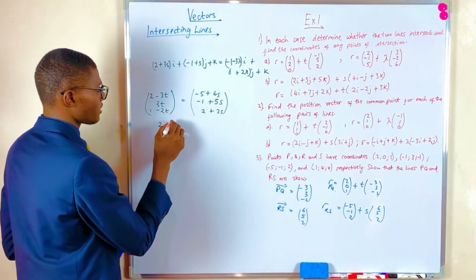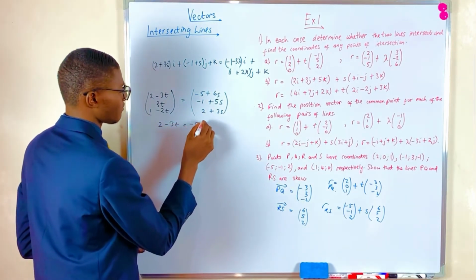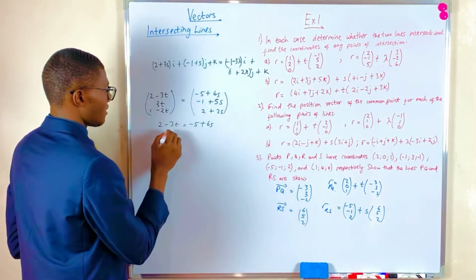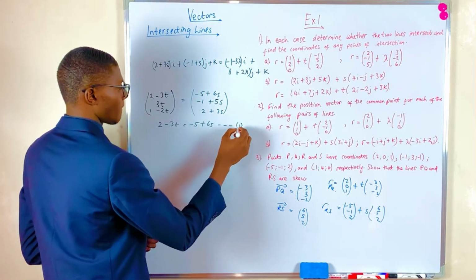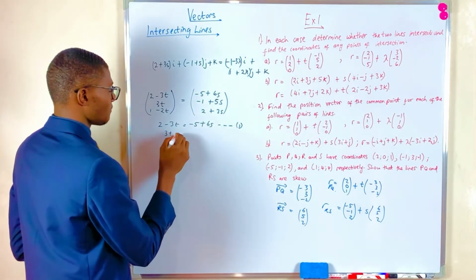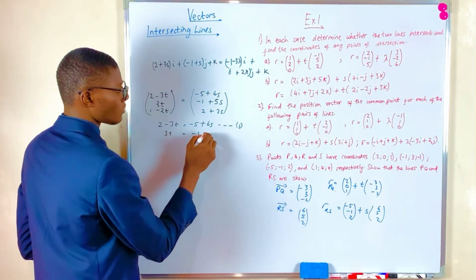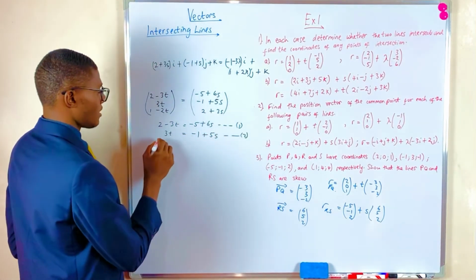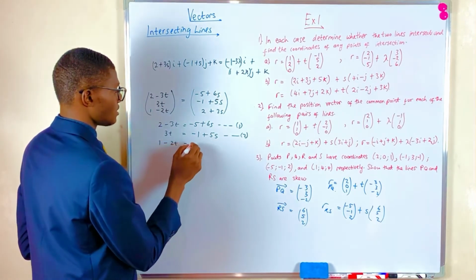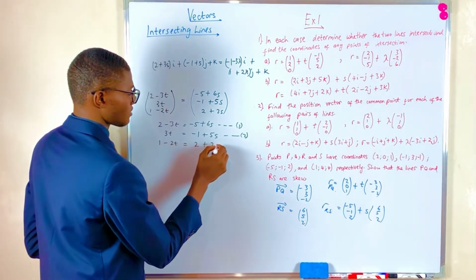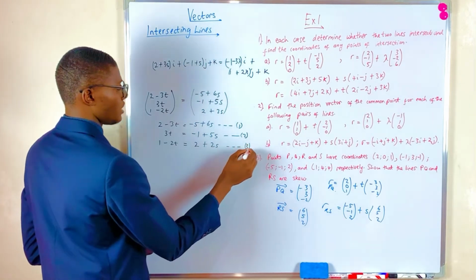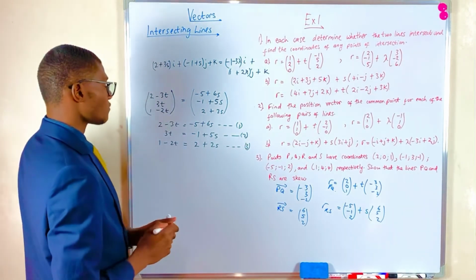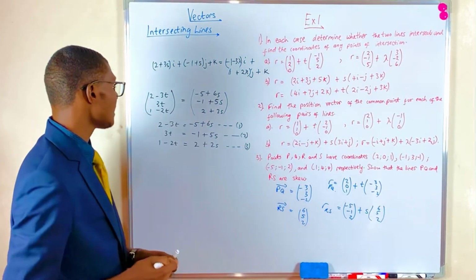So 2 - 3t = -5 + 6s, this is equation 1, then 3t = -1 + 5s, this is equation 2, then 1 - 2t = 2 + 2s. This is equation 3. So now we shall solve for t and s.